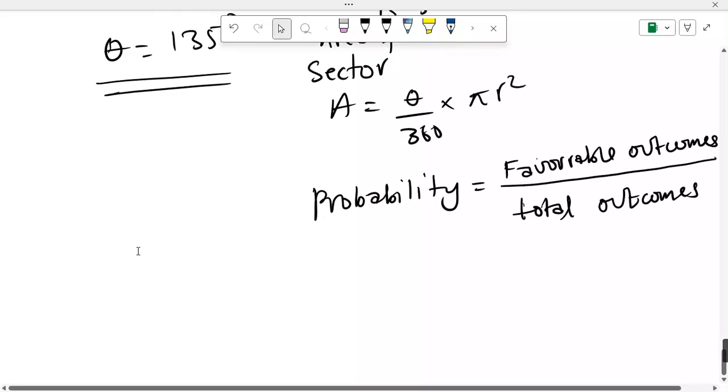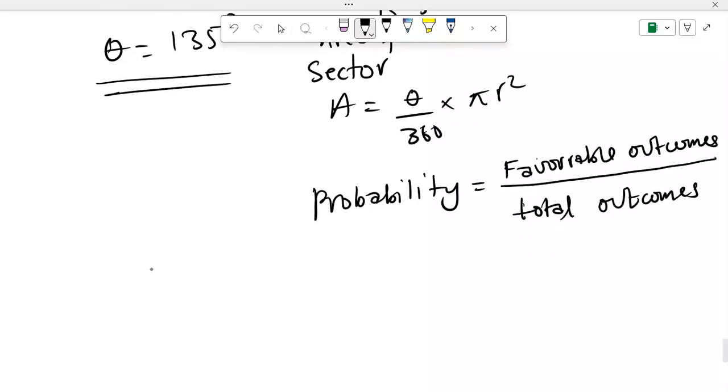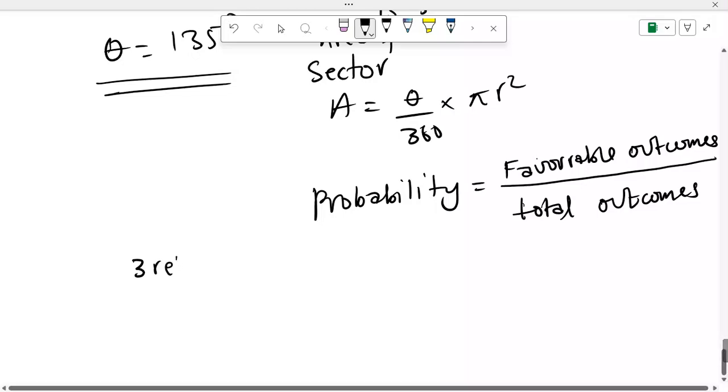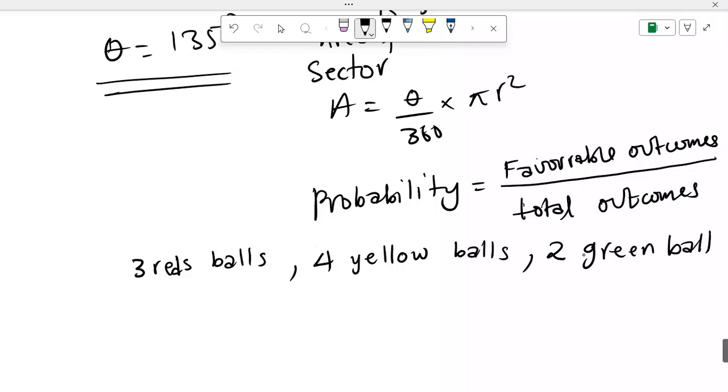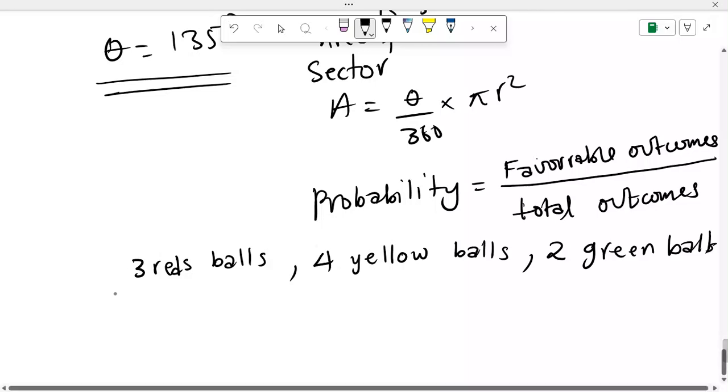So as a bonus, let's say you have a bag, and you have 3 red balls, 4 yellow balls, 2 green balls.